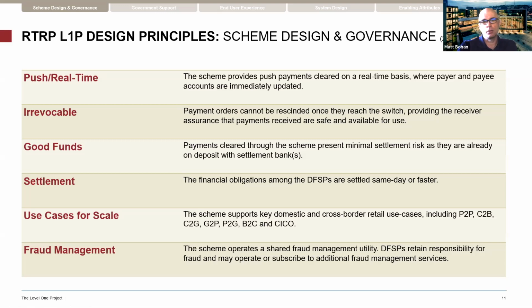So we think that will remain important for some time to be able to get cash in and cash out of the system. And then fraud management, we think shared fraud management utilities give the opportunity to both do a better job of fraud management as well as do so at the lowest cost by sharing that cost across scheme participants.